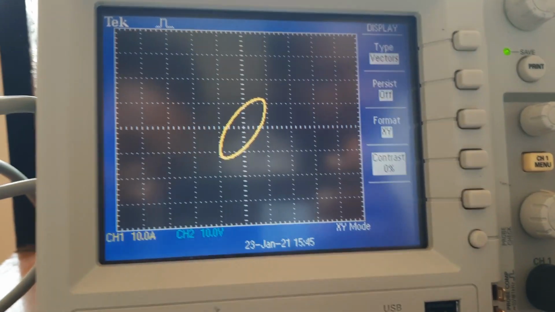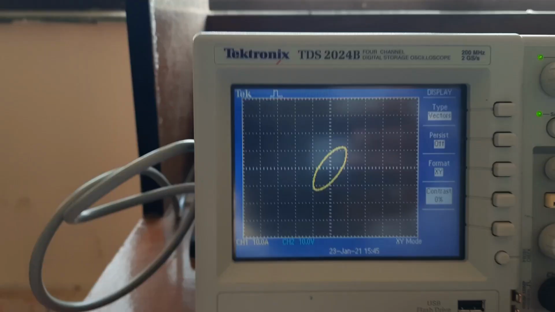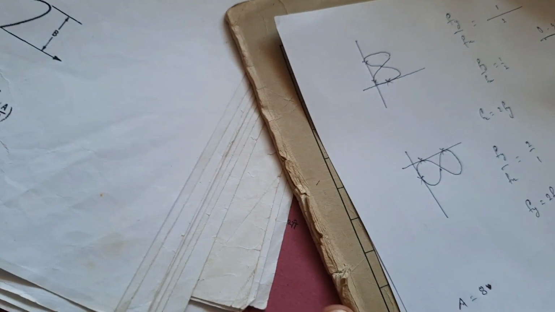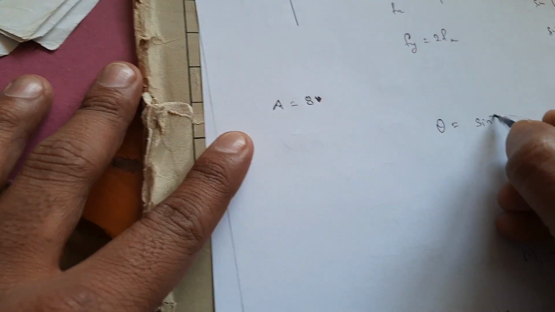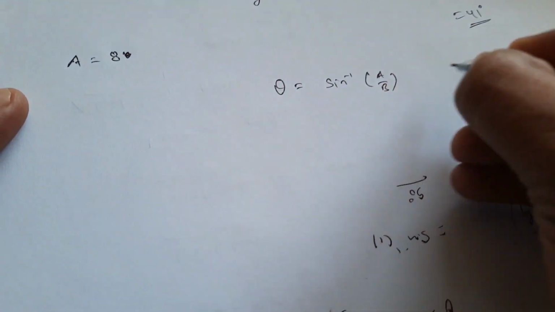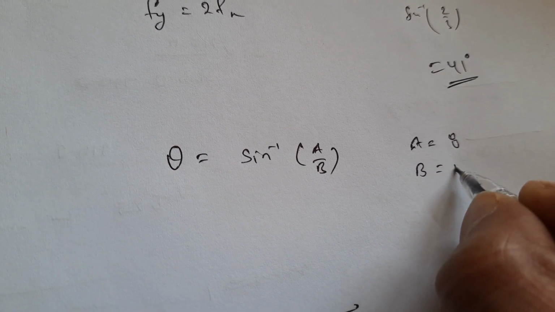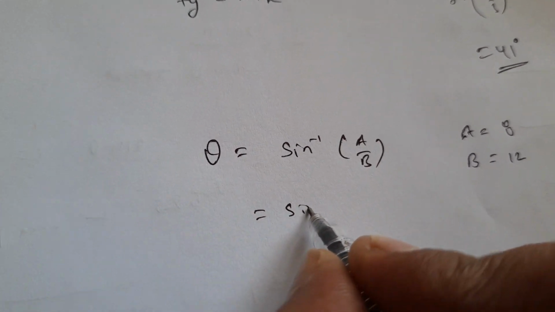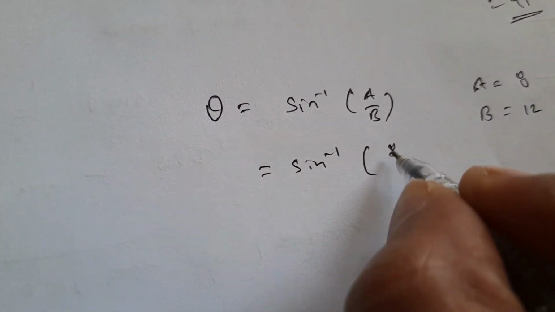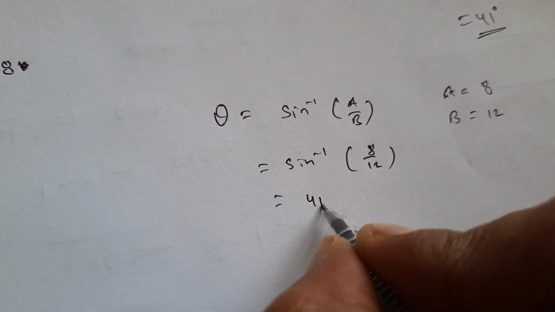So coming to our formula, your theta is equal to sine inverse of A upon B, where your A is 8 and your B is 12. So sine inverse of 8 upon 12 is somewhere around 41 degrees, okay.